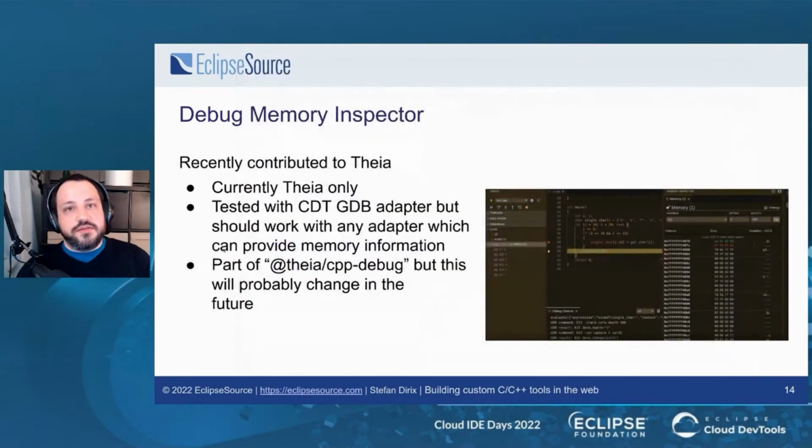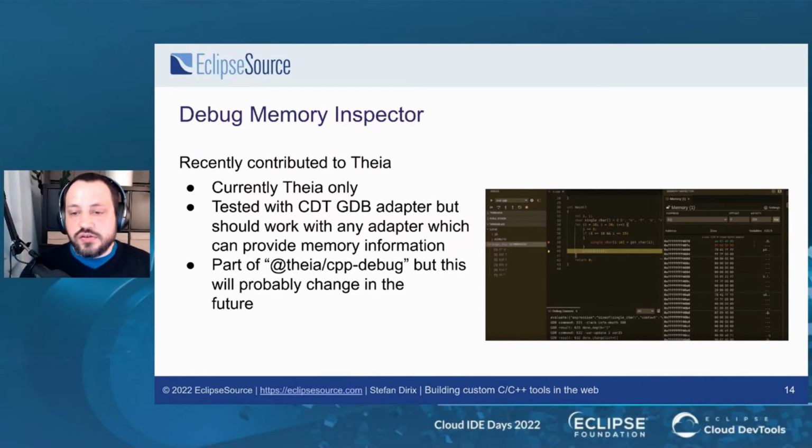Now I want to highlight a very nice goodie, which is the debug memory inspector. This was contributed to Theia recently, at the end of last year. At the moment, it's Theia only, so it can't be used in VS Code. It was tested with the CDT GDB adapter, but it should, in theory, work with other adapters too.